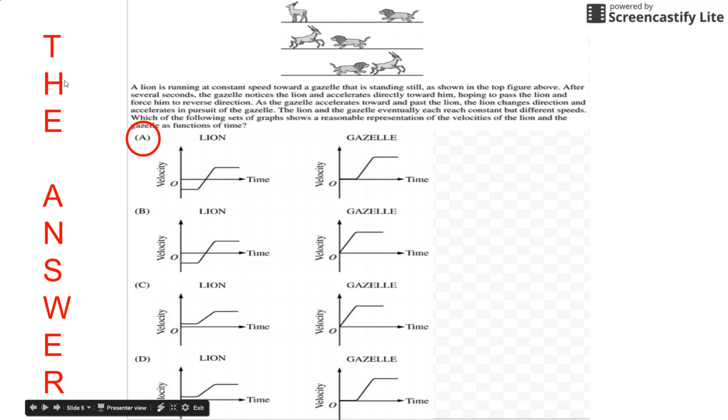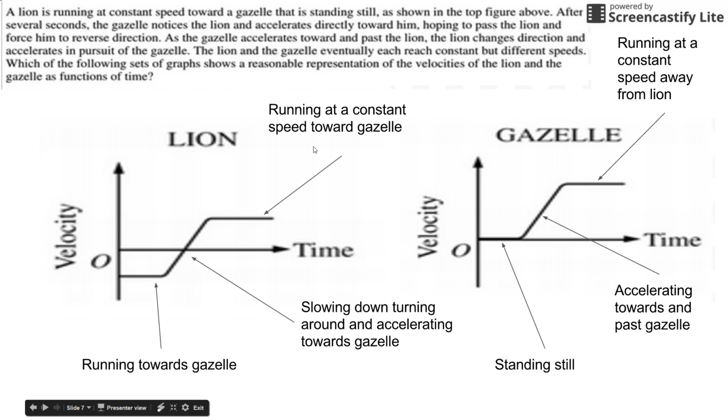All right, here we have the answer. We have A for the answer. And now let's see why A is the correct answer. So here's the problem, and this is A. A is the answer because looking at the lion's velocity-time graph, we can see a constant negative velocity, which would be the lion running at a constant speed towards the gazelle.